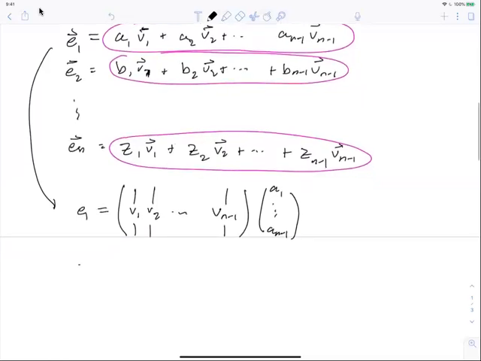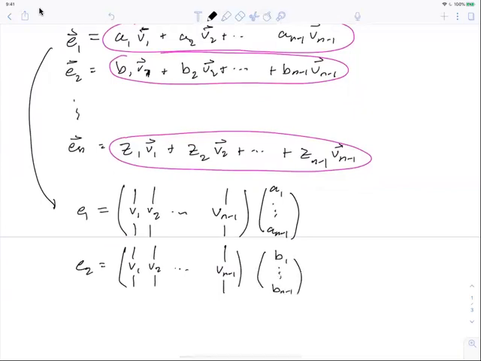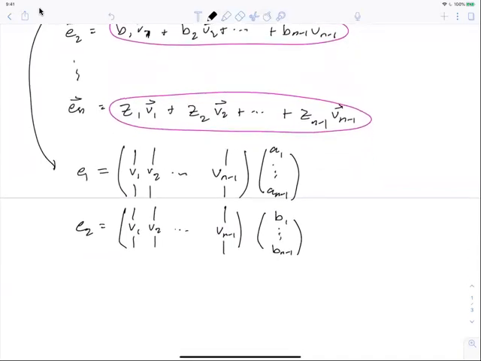And likewise, E2 is going to be the same matrix times a different vector. And all of the E's are some matrix times some vector.